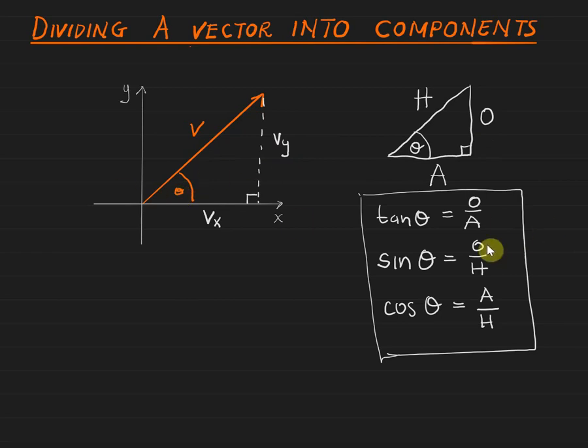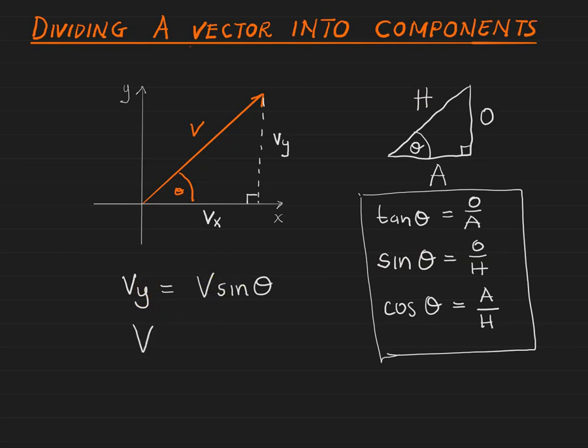So what I'm going to do is use sine theta equals opposite over hypotenuse. So then I end up with Vy being equal to V sine theta. Okay, so V essentially is my resultant velocity, which is my hypotenuse. All I did is used this ratio and made Vy the subject of the formula.